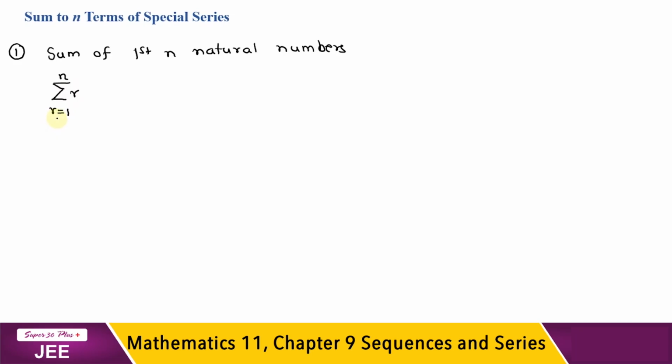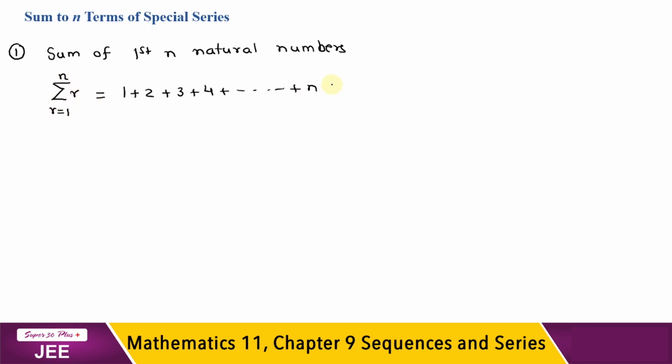Now if I substitute r equals 1, then 2, then 3 till n, we are going to get the series 1 plus 2 plus 3 plus 4 till n. So this is the sum of first n natural numbers, also denoted by this sigma.